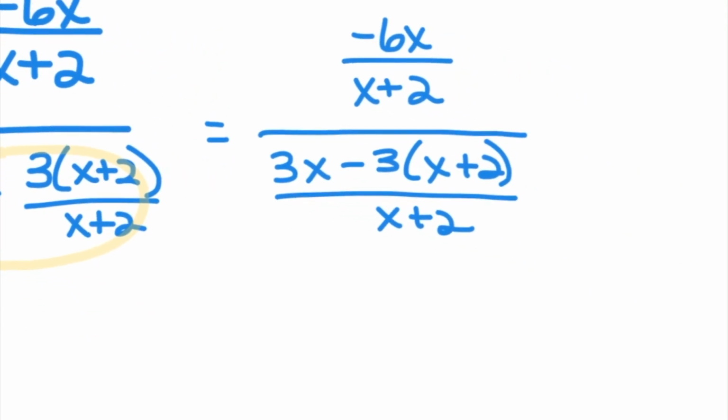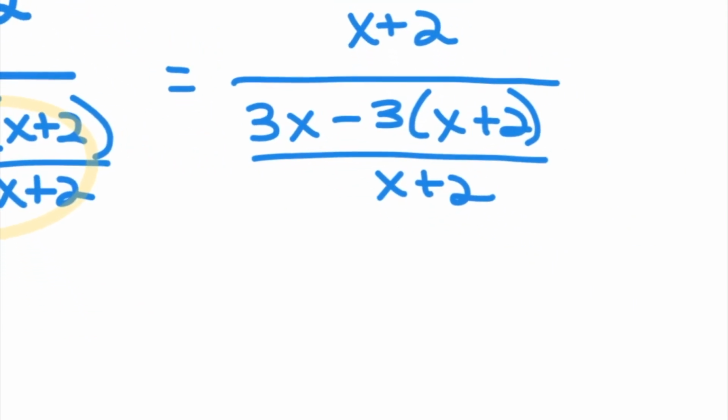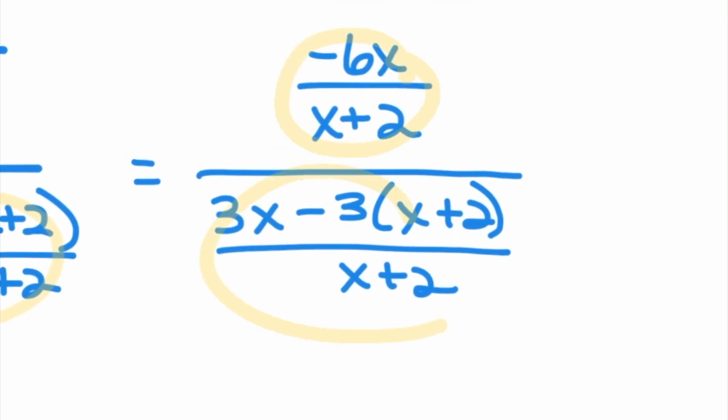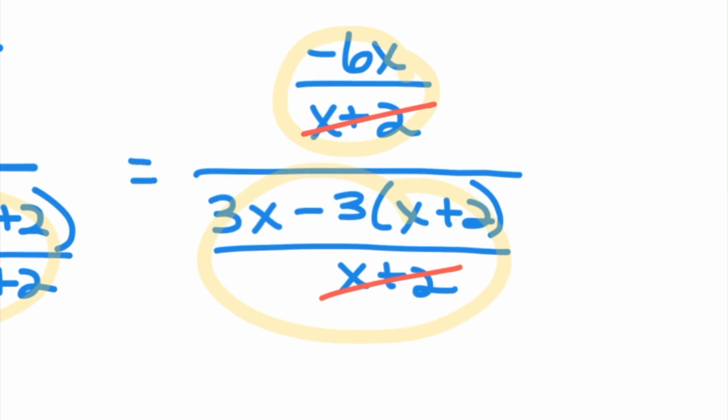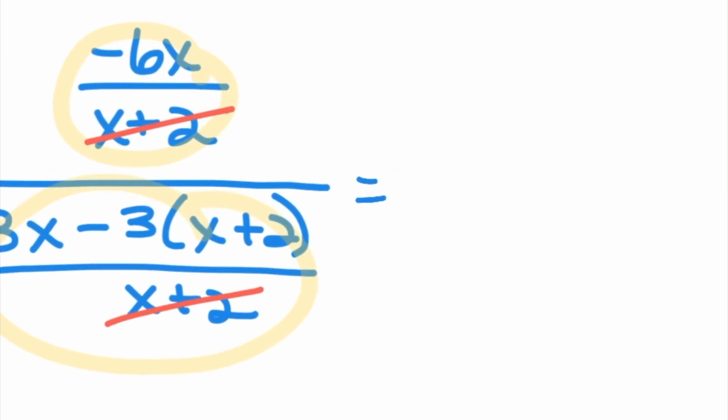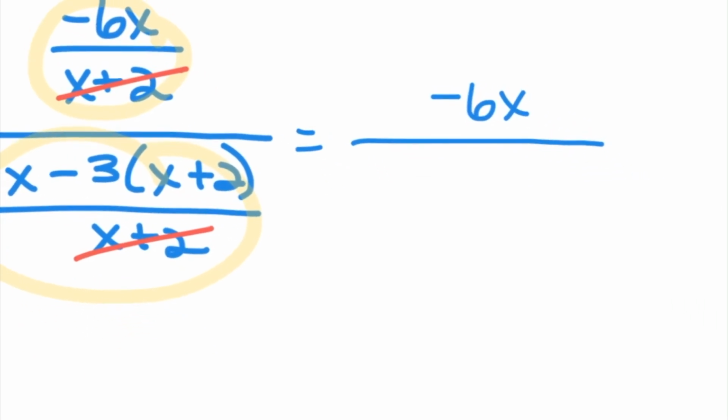And again, now I have a complex fraction. I have a numerator and a denominator, and they both have the same x plus 2 in the denominator, so I can cancel those. And then that whole thing is negative 6x all over, now I'm going to simplify, 3x minus 6.